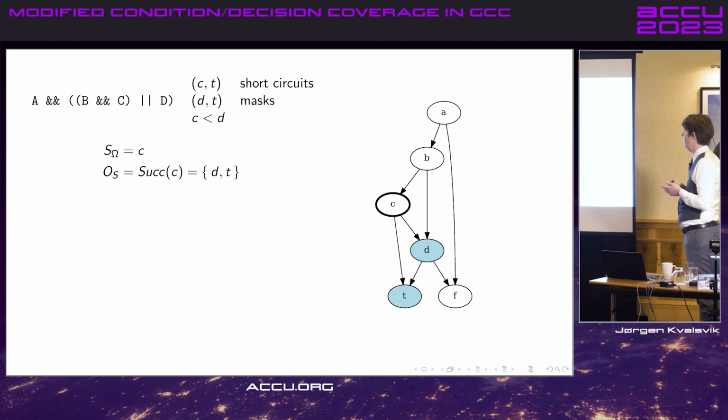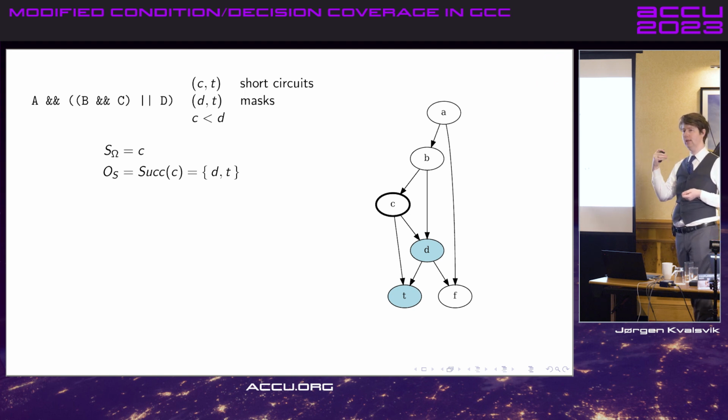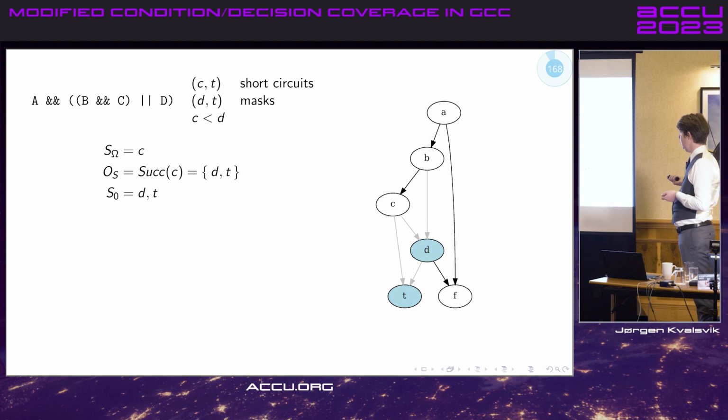So we start by looking at the successors of C and saying these two are the outcome nodes, right? And then you take all of the edges from our set, D and T, that go into there, and remove them. And then what we're looking at now is all of the nodes that still have an edge going into this expression. C is definitely one.